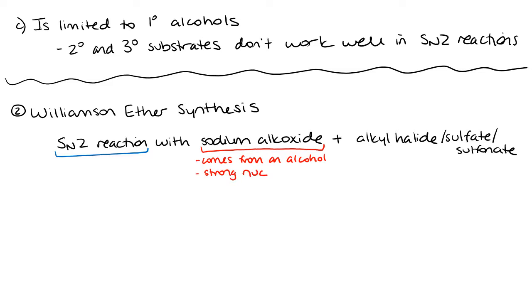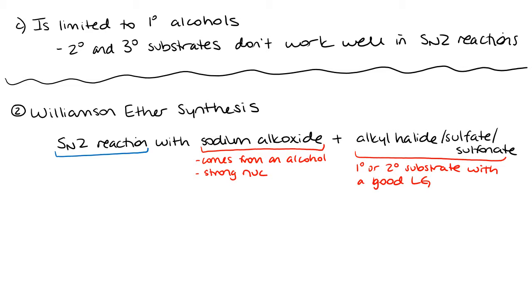And we can react that with an alkyl halide, sulfate, or sulfonate. And this is going to act as a primary or secondary substrate with the good leaving group. So we're setting this up for an excellent SN2 reaction.